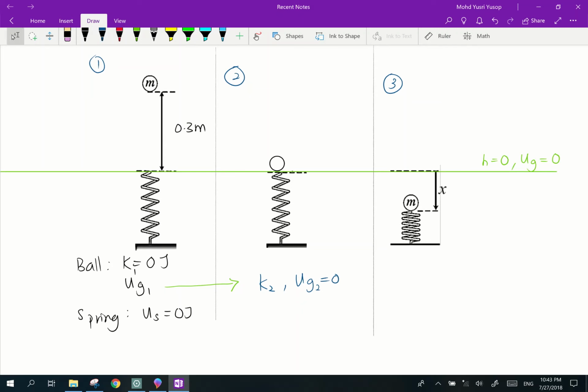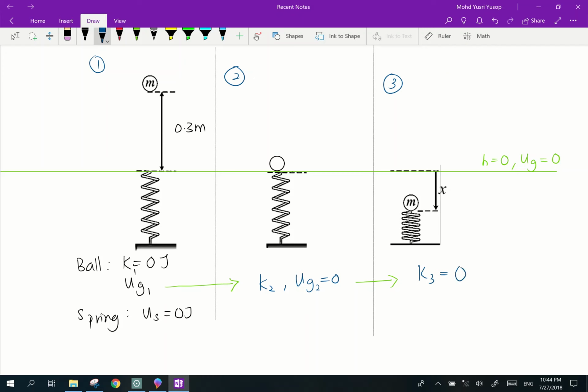Then, this kinetic energy is then converted into another type of energy. From figure 3, the ball has stopped. Dia dah berhenti. So, bila dah berhenti, kinetic energy pada figure 3 is equal to 0.